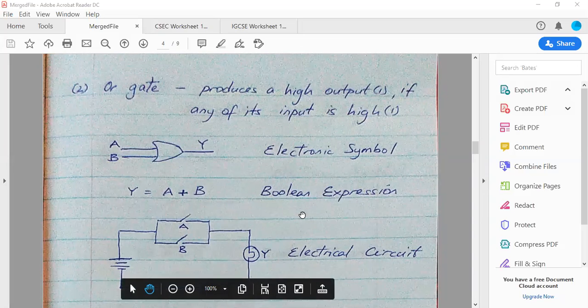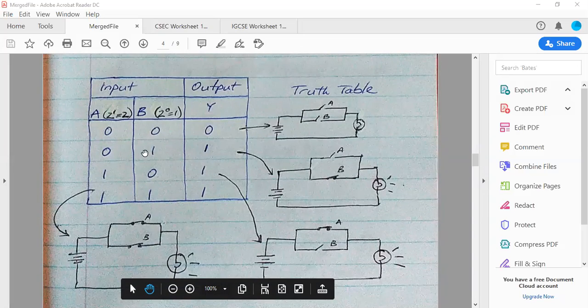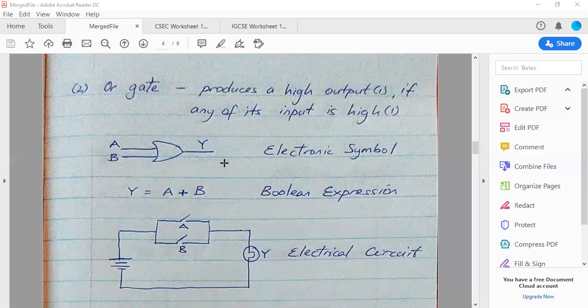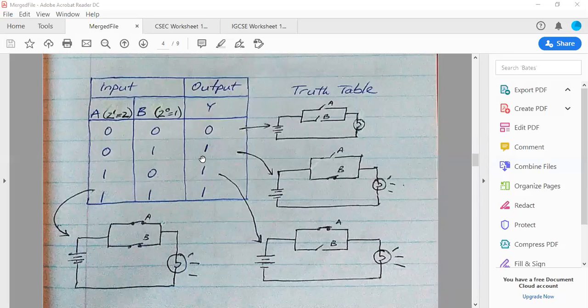So once you see any of its inputs being 1, your output obviously is going to be 1. 0 plus 1 is 1. 1 plus 0 is 1. 1 plus 1 is supposed to be 2, but in binary, we do not have 2. We consider it as a 1. Good? So for the OR gate, once any of your inputs is high, your output is going to be 1.